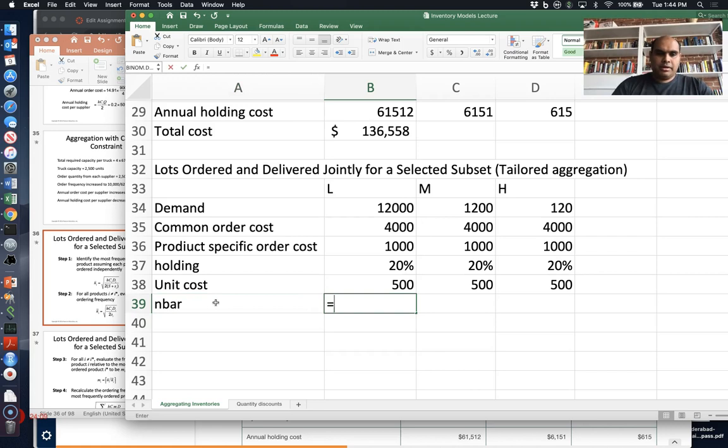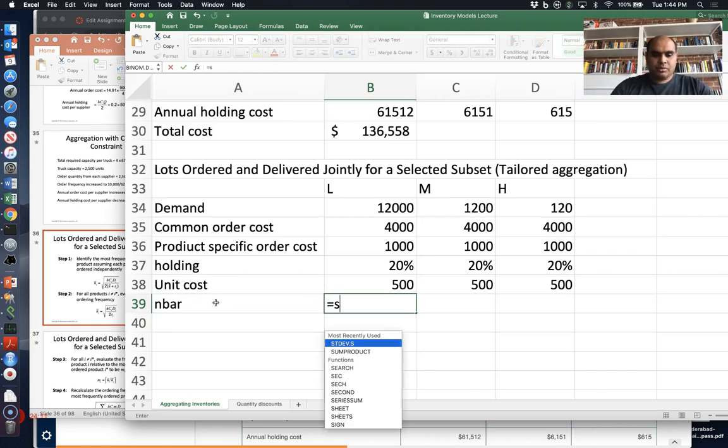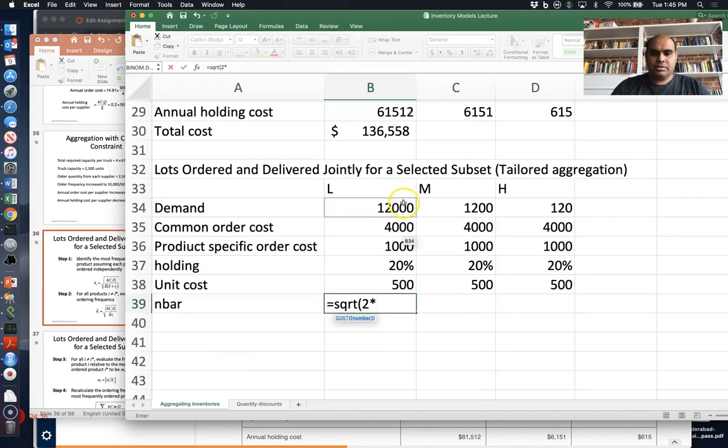So n bar, we calculate this as the square root of 2 times d times, this time, the total s. We are looking at individual, like I said, we did this before. 2 times s times d over holding cost times the unit cost. So HC, this is a usual EOQ formula where the total cost is the total order cost.